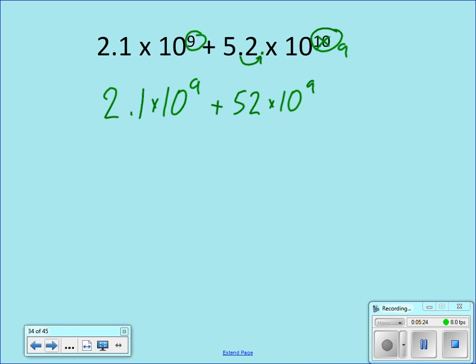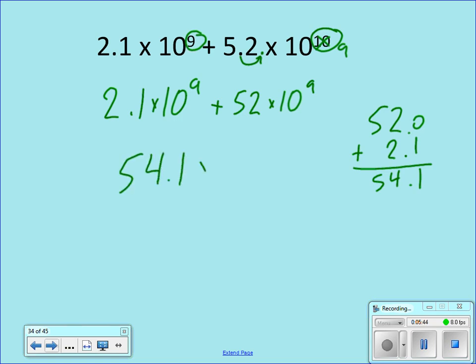I know it's not in scientific notation form, but now I can easily add these. 52 plus 2.1 is 54.1 times 10 to the 9th.